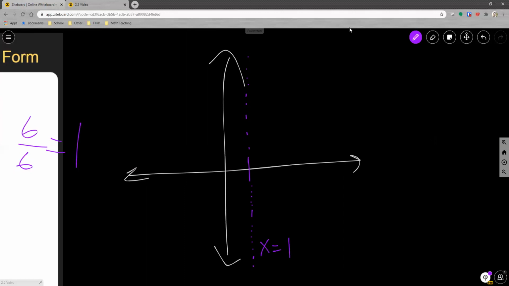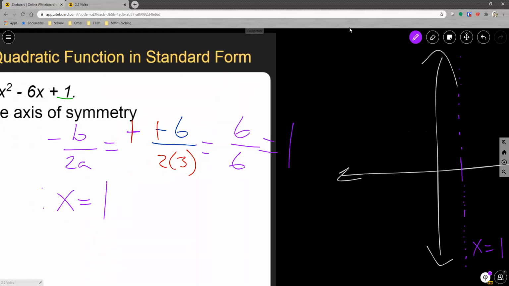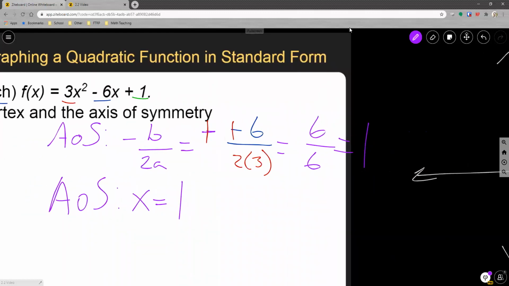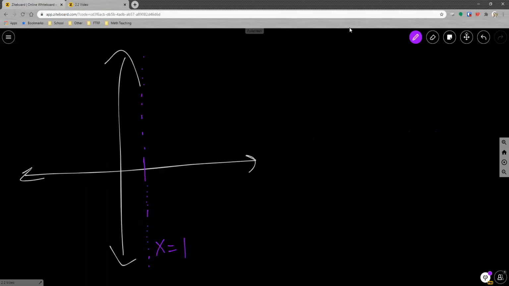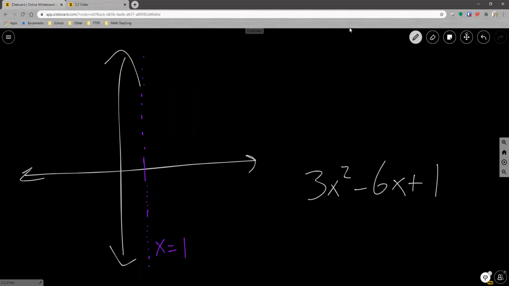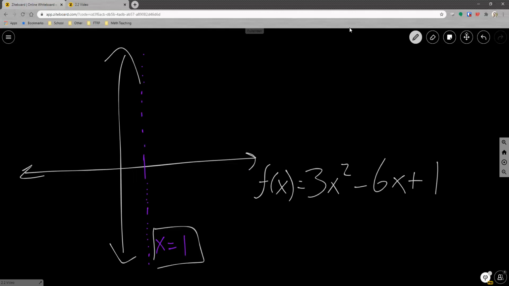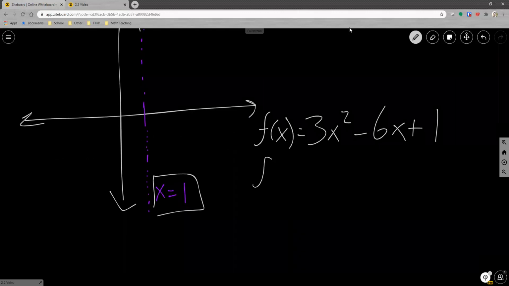Well, what I can do, because remember, I've got this equation, 3x squared minus 6x plus 1. What happens if I substitute a value for x in, for instance, if I substitute a 1 in for x?